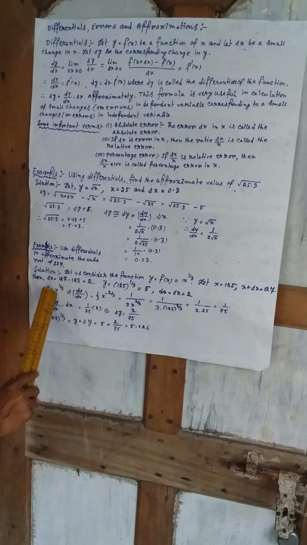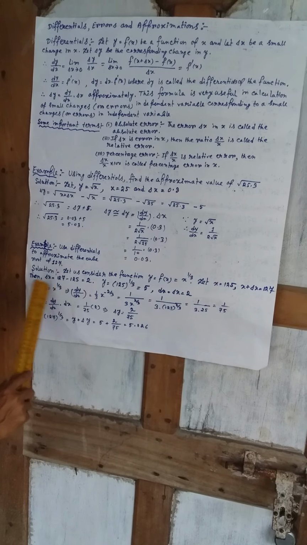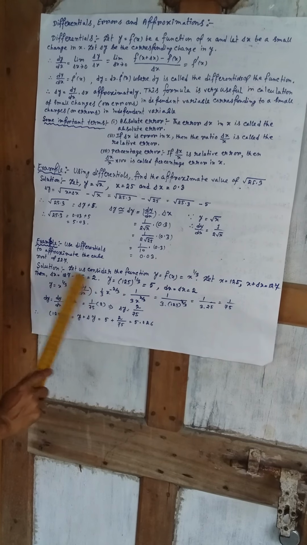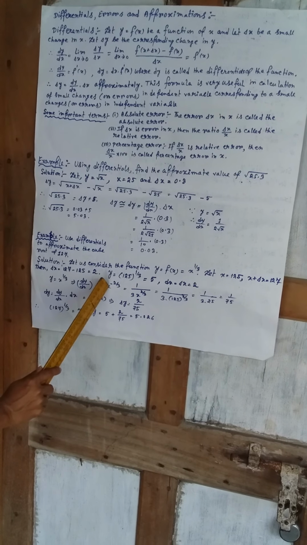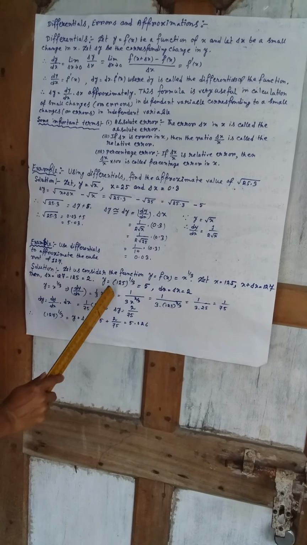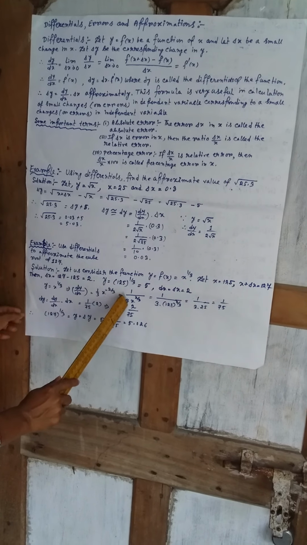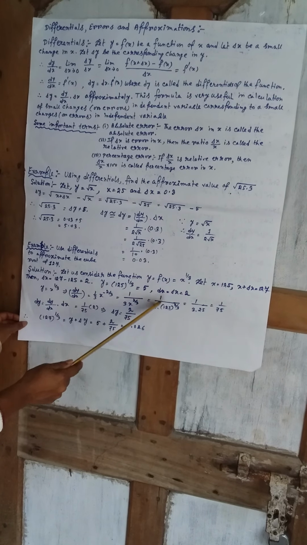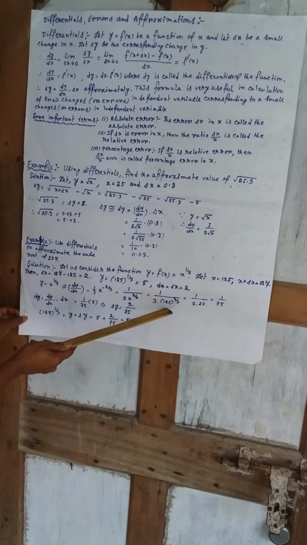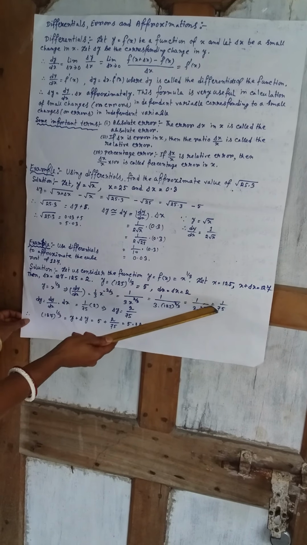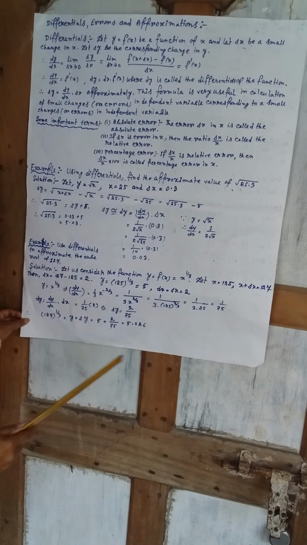Now y equal to x to the power 1/3. Therefore differentiating both sides we get dy/dx equal to 1/3, power comes first and power decreases by 1, that is x to the power minus 2/3, that is equal to 1 by 3 into x to the power 2/3, that is equal to 1 by 3 into, in place of x we put 125, and after calculating you will get 25, that is equal to 1 by 75.